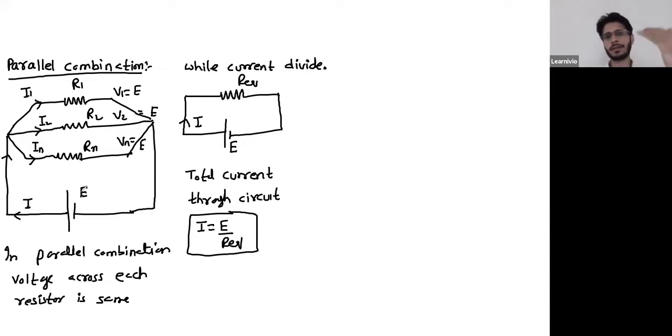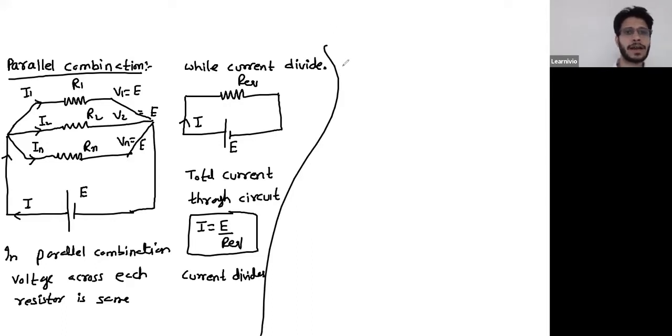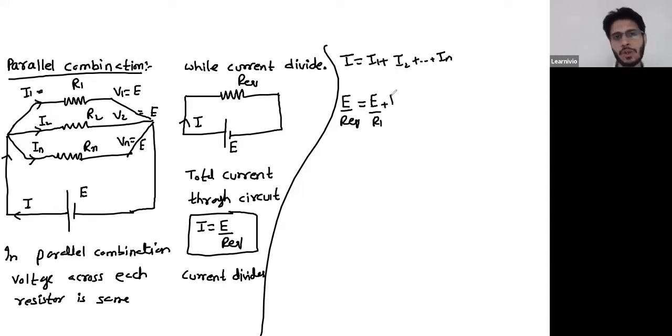Now this current I gets divided into n parts. So current divides. Your total current I is I1 plus I2 up to In. So I1 will be E by R1, I2 will be E by R2, and In is E by Rn.